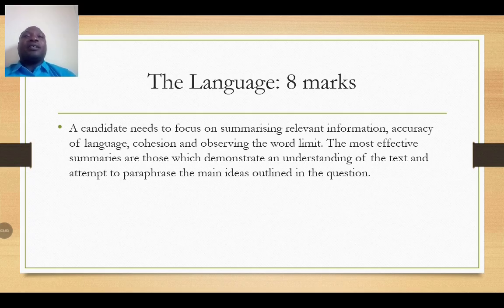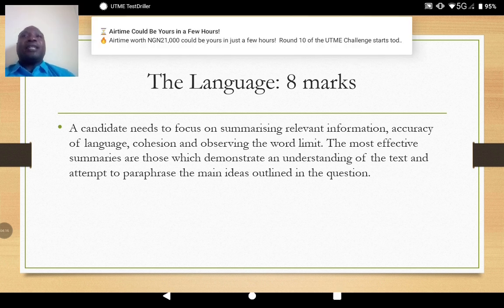A remarkable command of vocabulary, grammar, and structure can earn you another 8 marks. Candidates need to focus on summarizing relevant information, cohesion, accuracy of language, and observing the word limits. The accuracy of language is related to grammar, vocabulary, spelling, and so on.